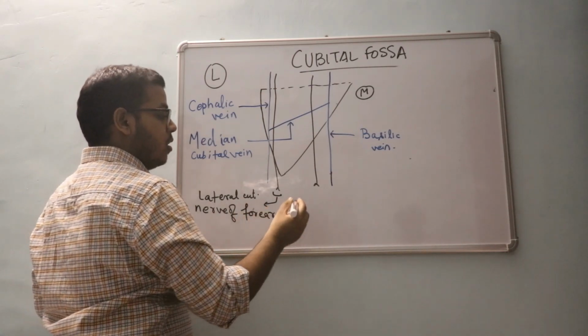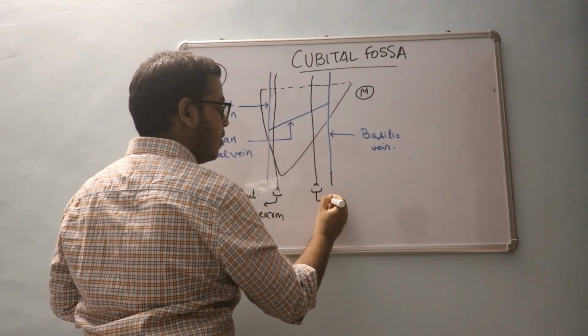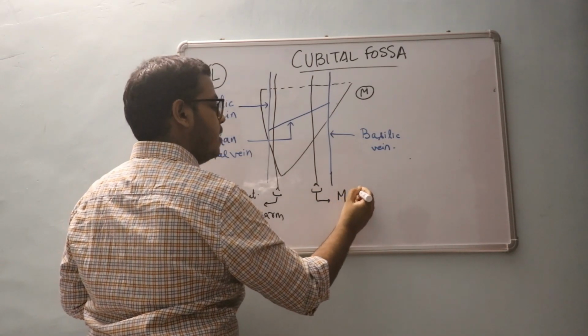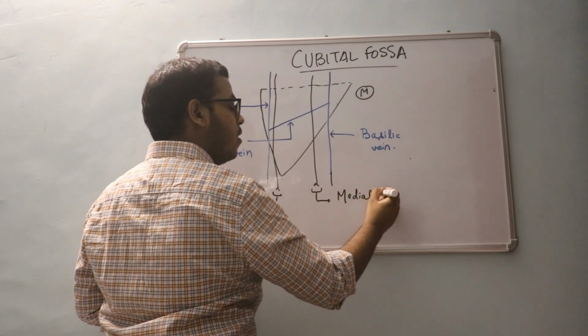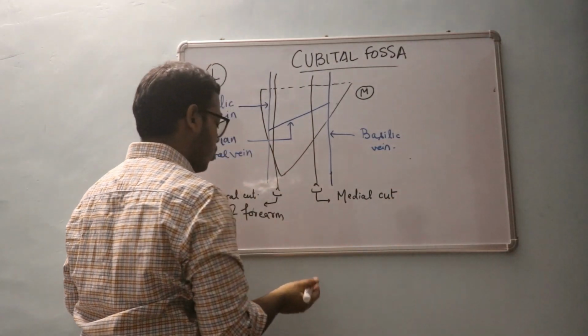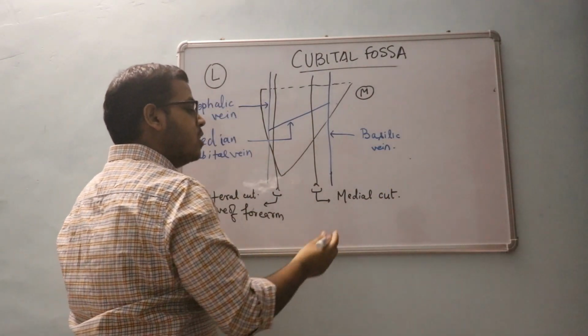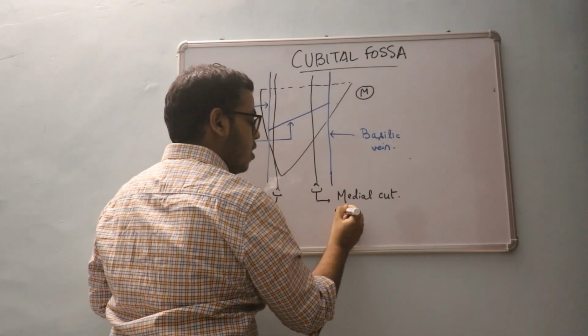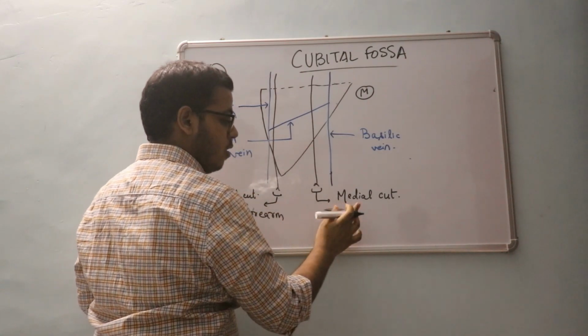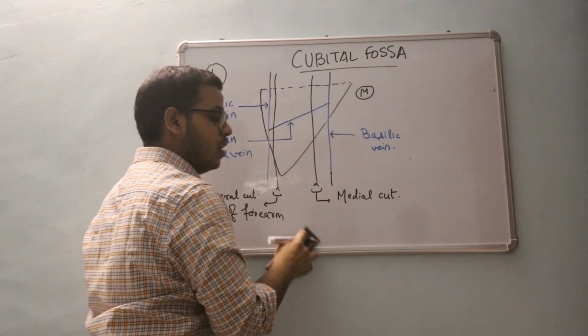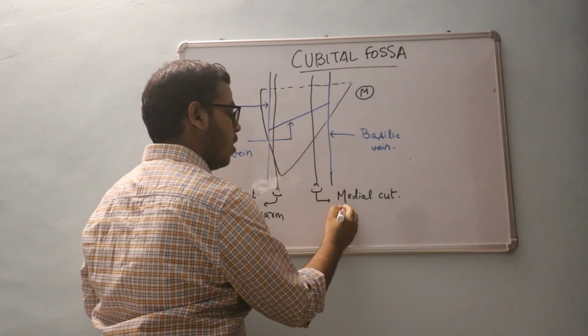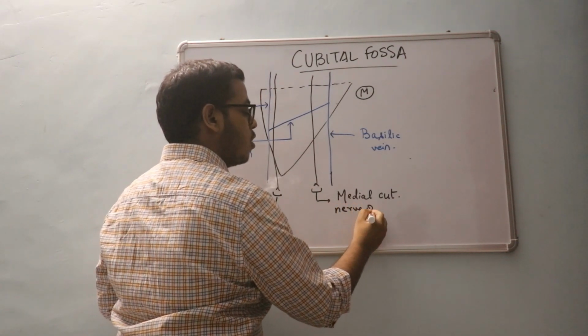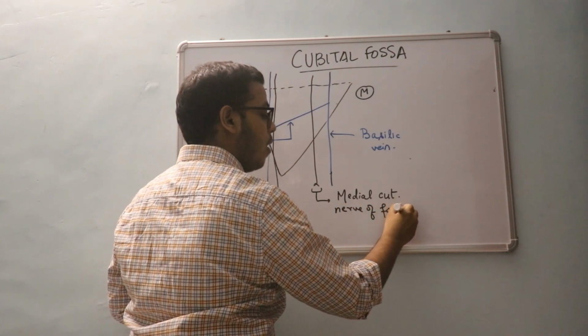And this one is very easy, because it is on the medial side and on the cutaneous surface, giving the cutaneous supply. So this is the medial cutaneous nerve of the forearm.